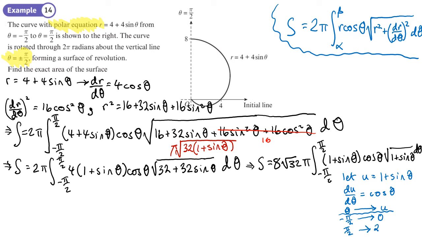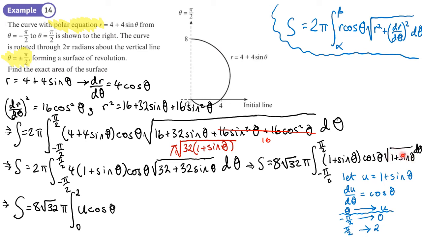Right, so let's make all of these substitutions. So s, I keep wanting to do an integral sign, s is, so we've got 8 root 32 pi, now with limits of 0 and 2, and the first bracket here becomes u. Then we've still got the cos theta, but that's going to cancel out in a moment.